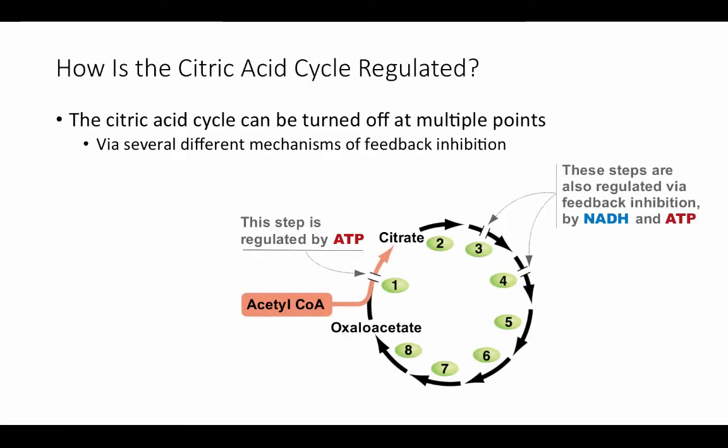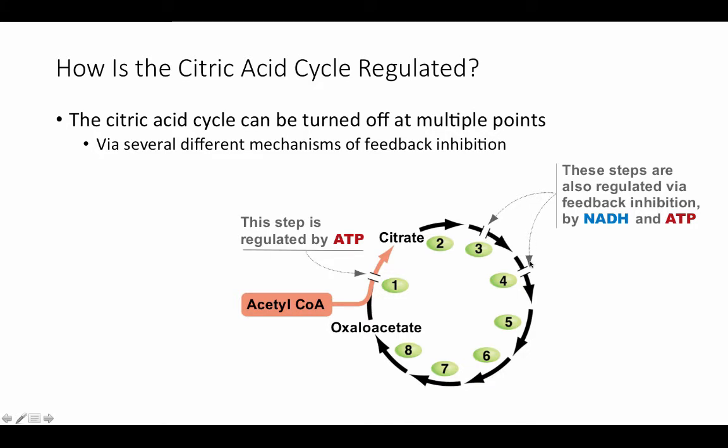So now let's think about how this process is regulated, and this one is also regulated by feedback inhibition, but it has a number of different breakpoints that can be influenced to slow down or stop the citric acid cycle when ATP is abundant. There are a couple of steps that are regulated by feedback inhibition by NADH and also ATP.